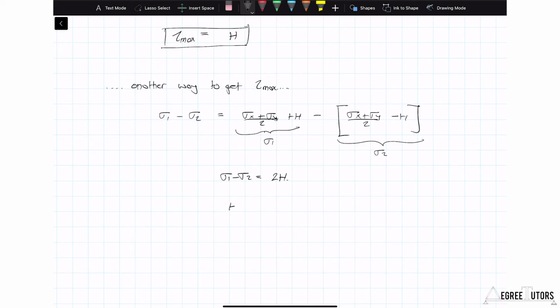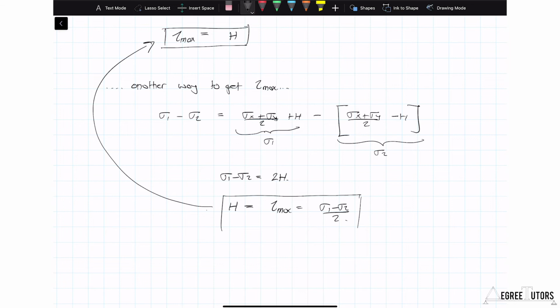And so h, which we know from here is equal to tau max, is equal to sigma 1 minus sigma 2 over 2. That's another very handy expression. Once you've worked out your principal stresses, your sigma 1 and sigma 2, you can plug them straight in here to work out the maximum shear stress.